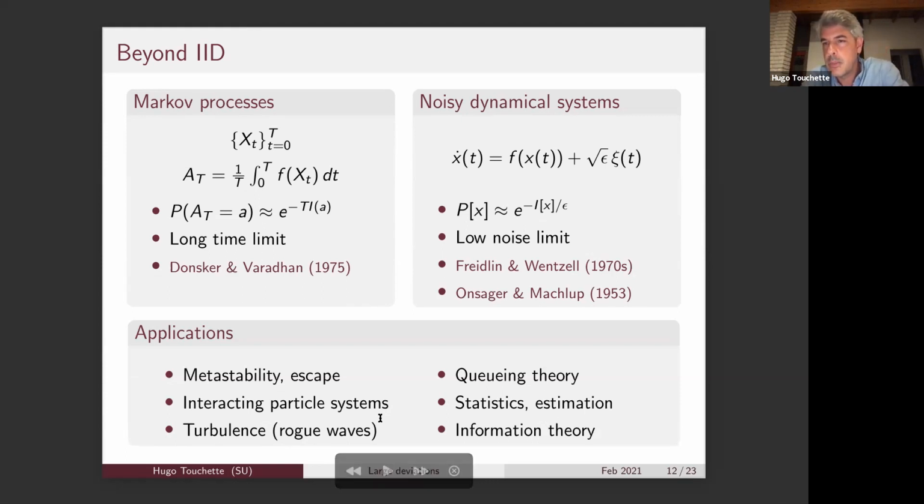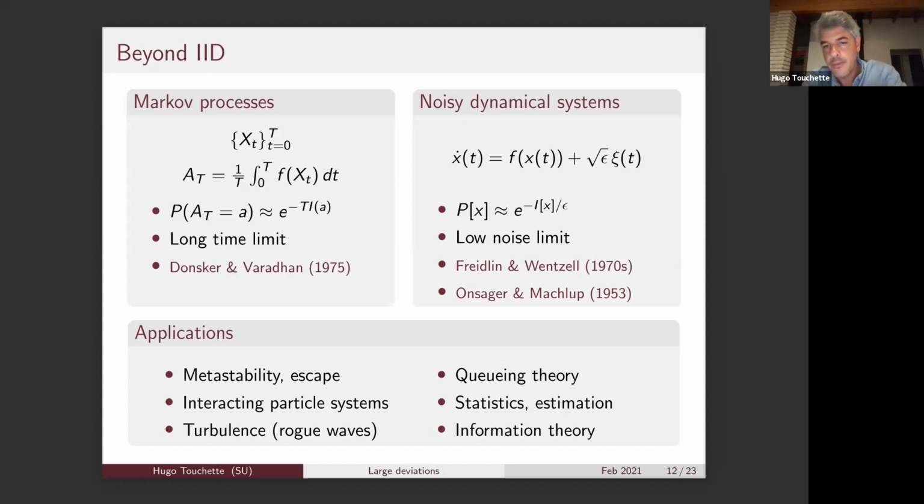That was done recently by Eric Vanden-Eijnden in New York. There is a bunch of interesting work looking at the probability of rare events in stochastic partial differential equations, describing toy models for rogue waves. So waves that are massive, large events whose probabilities are exponentially small with some scaling parameter.